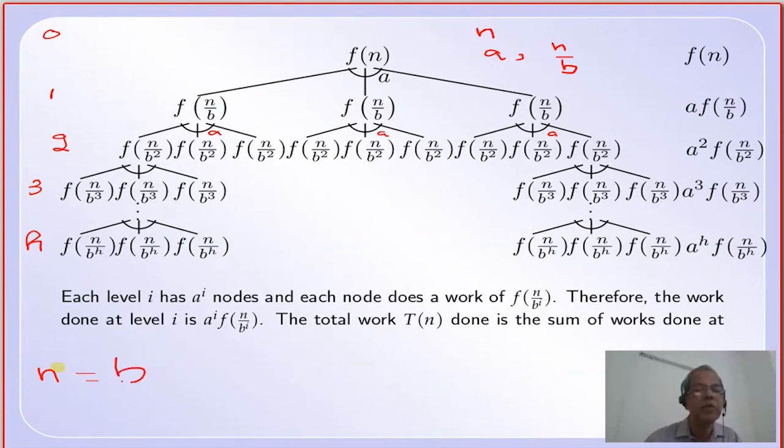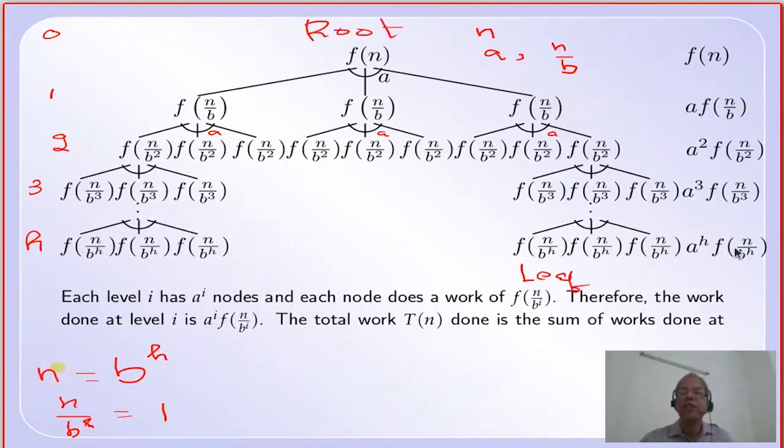In the last level, n by b power h is equal to 1. The work size is just 1 unit. So it is a power h subcontractors at the leaf level. This is at the root level. Each subcontractor does the work f of n by b power h, which is equal to f of 1.